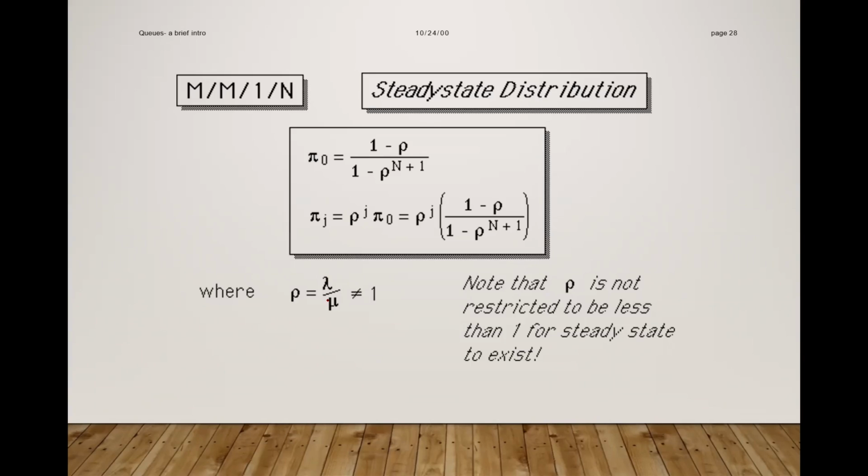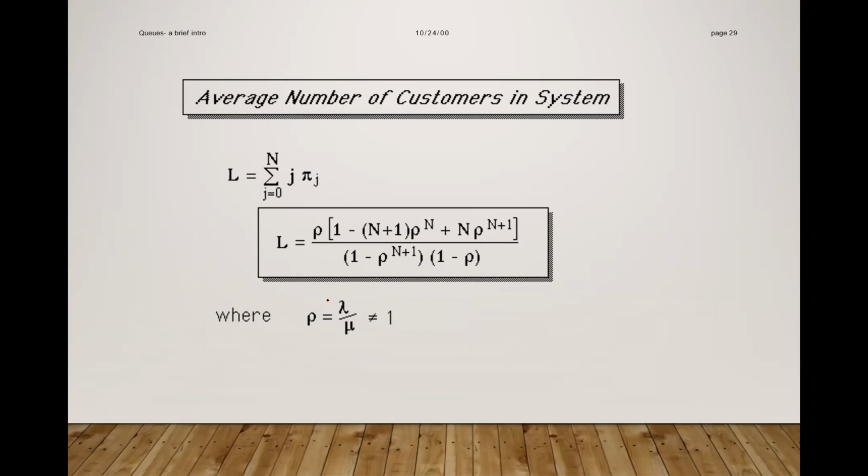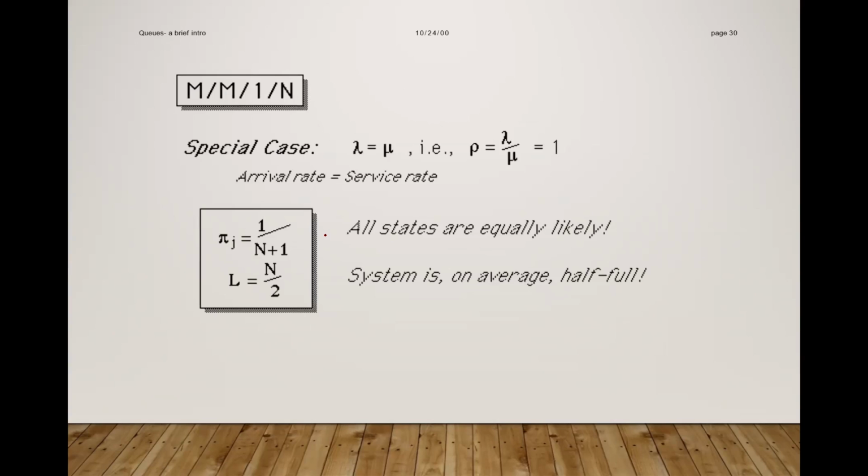Kung wala, meaning very erratic yung ating distribution. Wala tayong ma-expect na steady state. Okay? So what's the average number of customers in the system? This is given by this complicated formula, pero it looks complicated, but i-substitute nyo lang yan, makokompute nyo na siya. Okay?